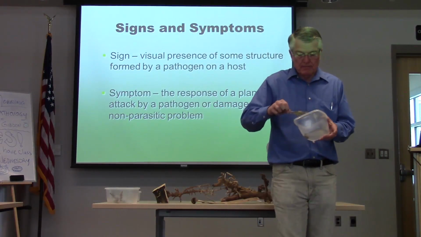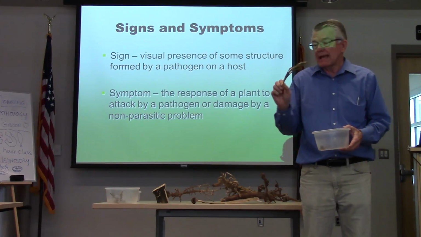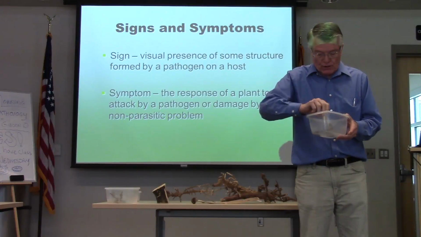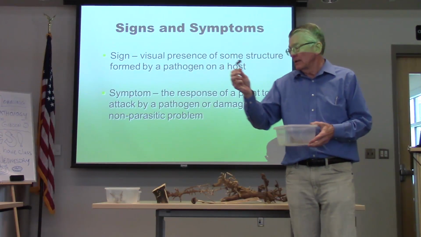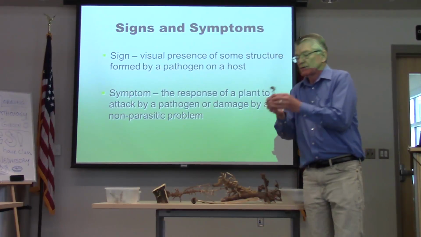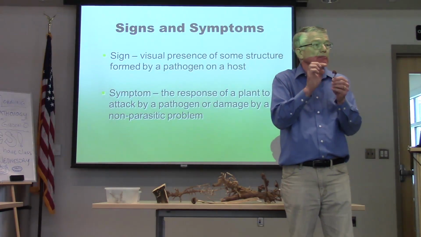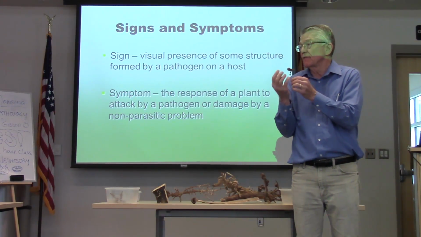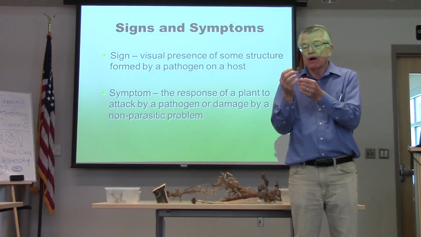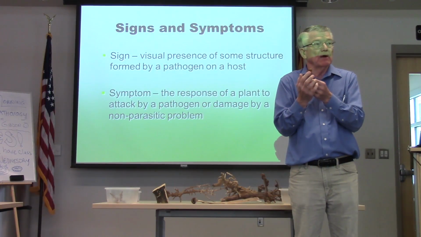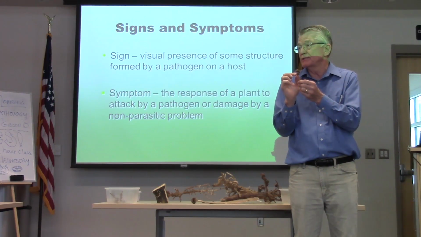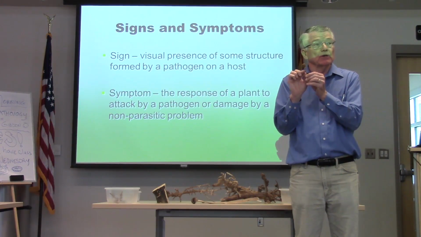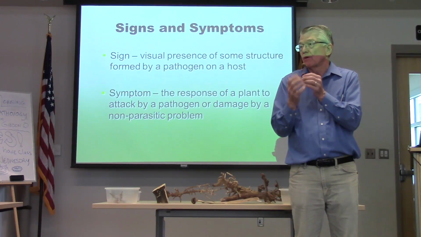This is a bacterial disease on oleander called oleander gall. Here's a better example. Oleander gall is a response of the plant to the presence of the bacteria. It causes a symptom that we call a gall, and it comes out of the buds, out of the nodes, and there will be this abnormal growth.